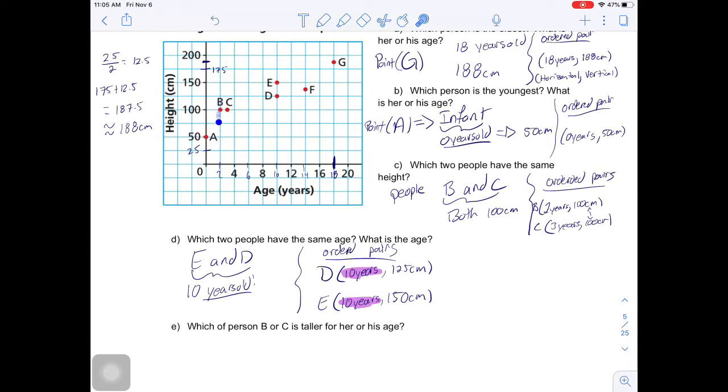B, I would say, is tall for their age because they're as tall as a person who's 3 years old. So since B is as tall as C, but younger, I would say B is tall for their age.